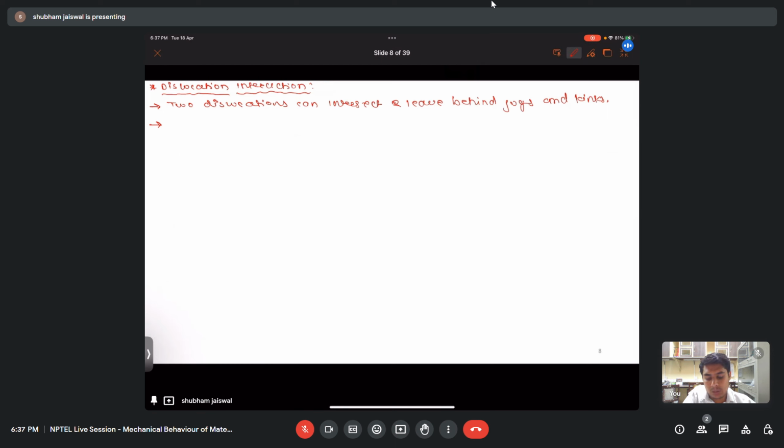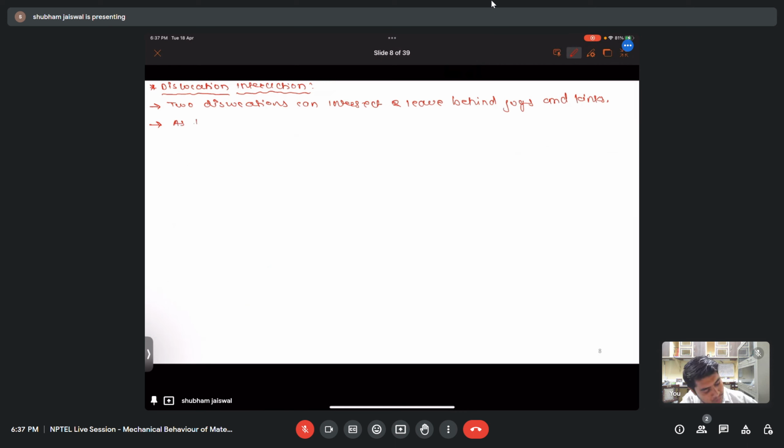As this jog and kink are nothing but an extra segment, it will require some energy for formation, so extra work needs to be done by the external forces, and hence it is resulting in the increase in the strength of the material.